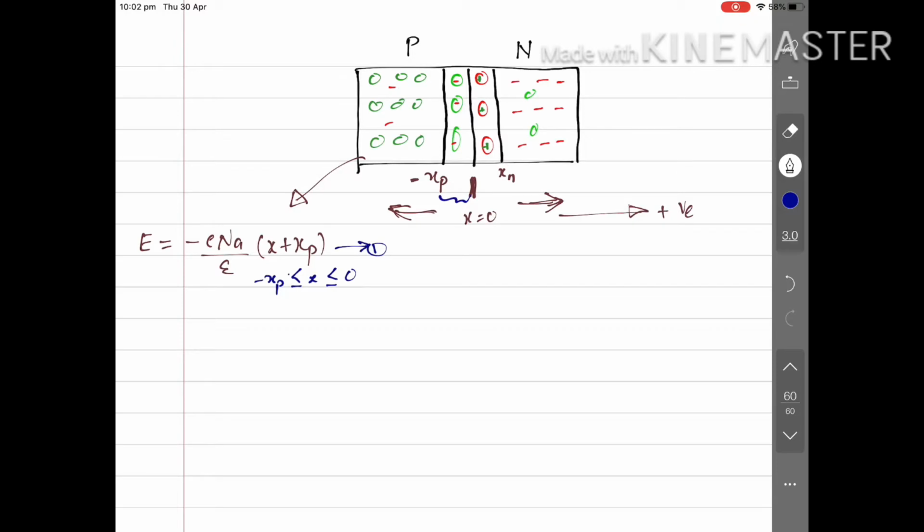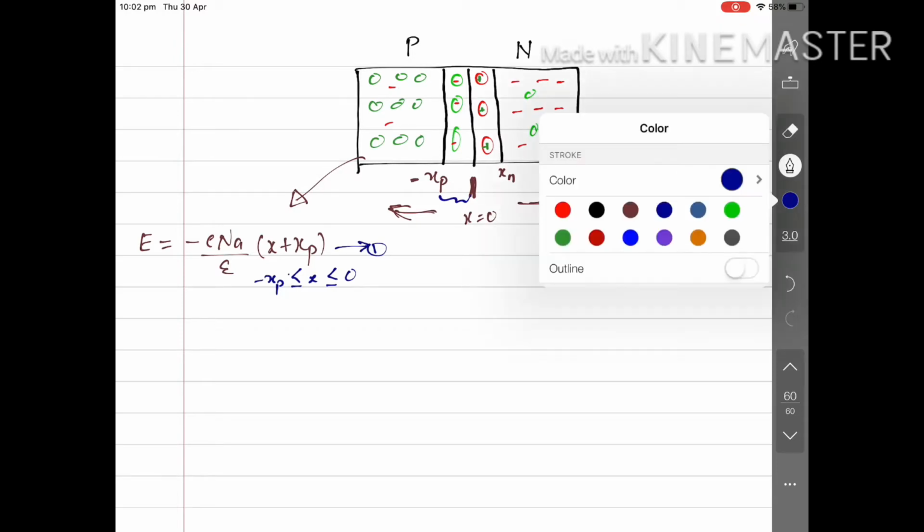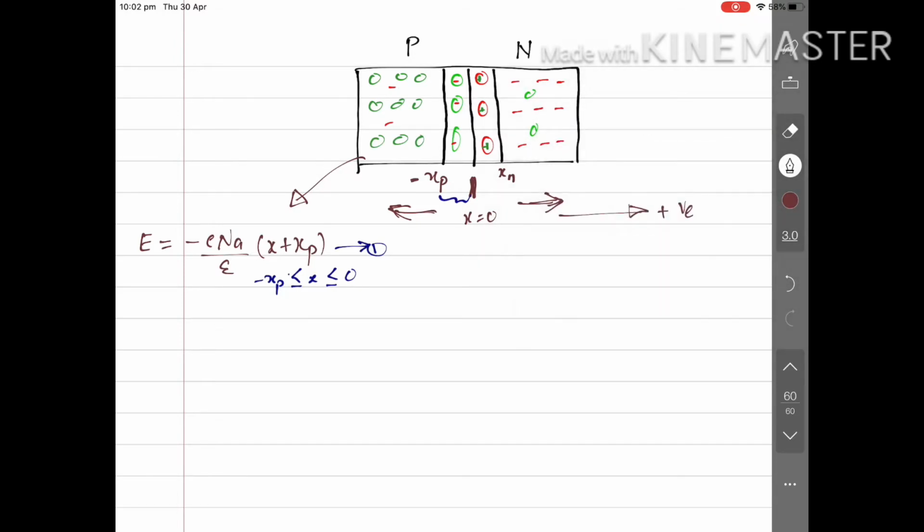Similarly, for the N side, let me write it down.